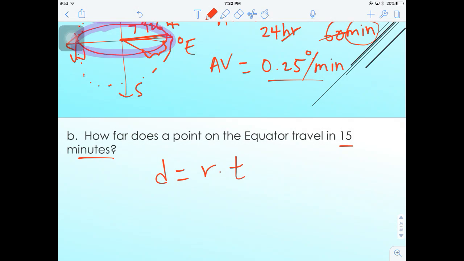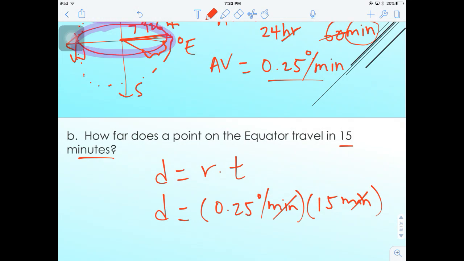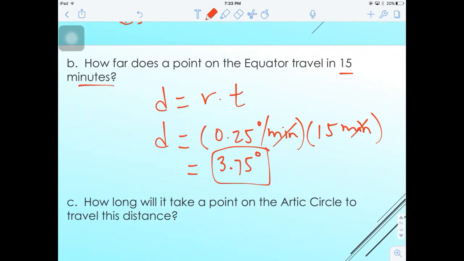Remember that formula? So the rate is 0.25 degrees per minute times 15 minutes, and notice that minutes will cancel out. So 0.25 times 15 gives us 3.75 degrees. That is how far it will travel in 15 minutes. That is the end of part B.